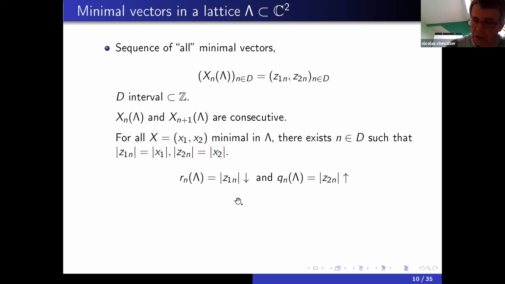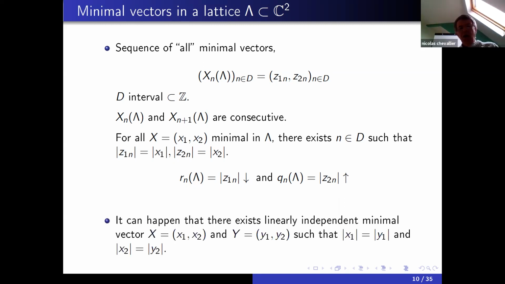We just must be careful of the meaning of sequence of all minimal vectors because of the following thing. First, if you have a minimal vector in the lattice, then minus this vector is obviously also a minimal vector, and you can also multiply this vector by i. It will give you another minimal vector. So when you have one minimal vector, you have four minimal vectors at the same time. The multiplication by i gives you the four minimal vectors, but it can happen some strange thing, which is just written here.